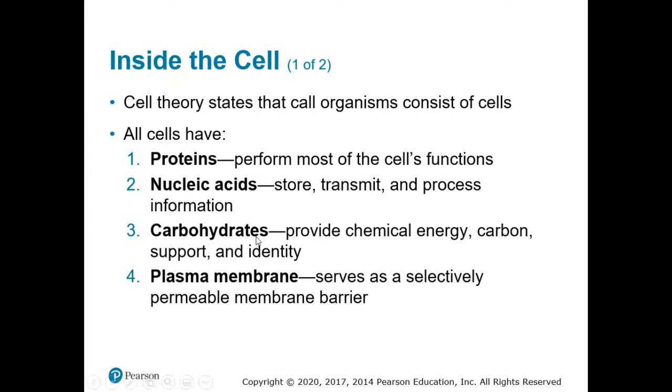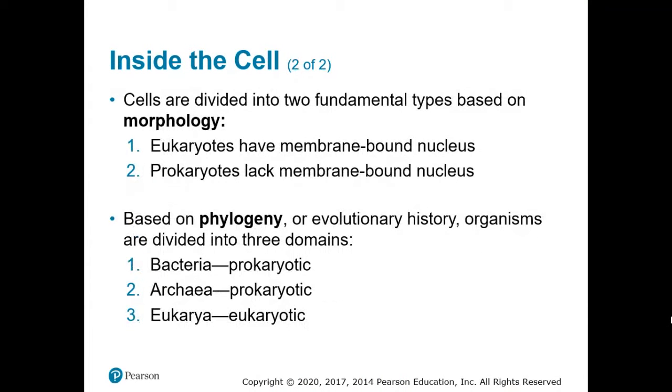All right, so again, we should know by now the two major kinds of cells that exist here on Earth. We have eukaryotic cells, and then we have prokaryotic cells.